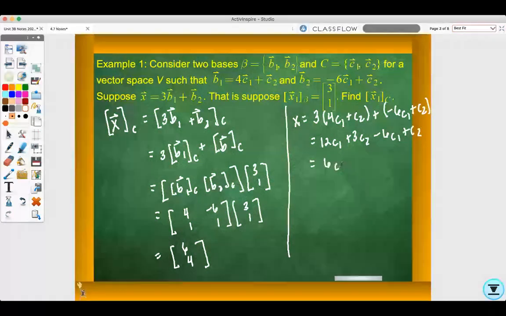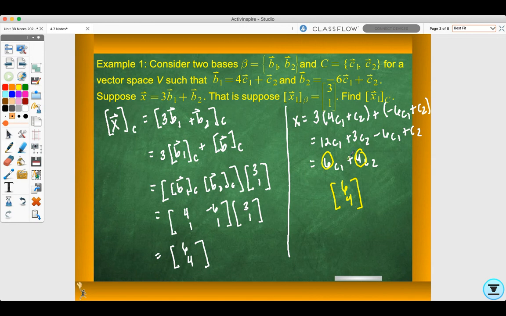This would then be 6C1 plus 4C2. And your coefficients would be 6, 4. Same thing. So that's a little faster way to do it, but this is the correct notation using matrices.